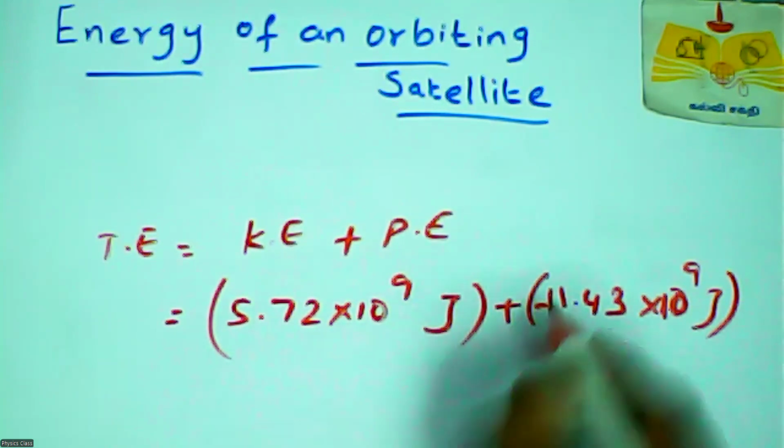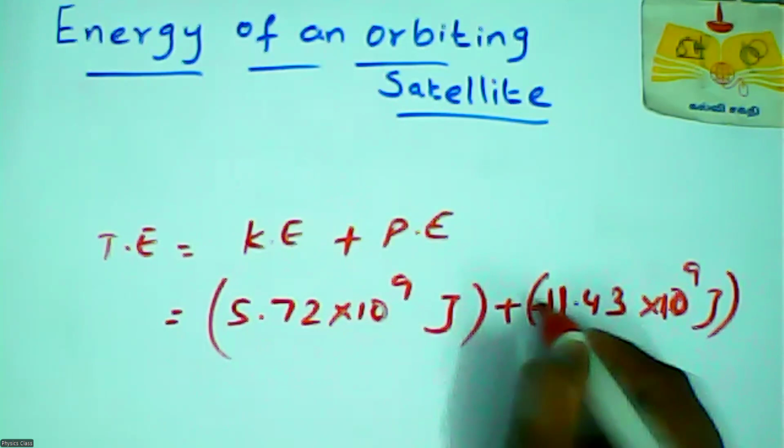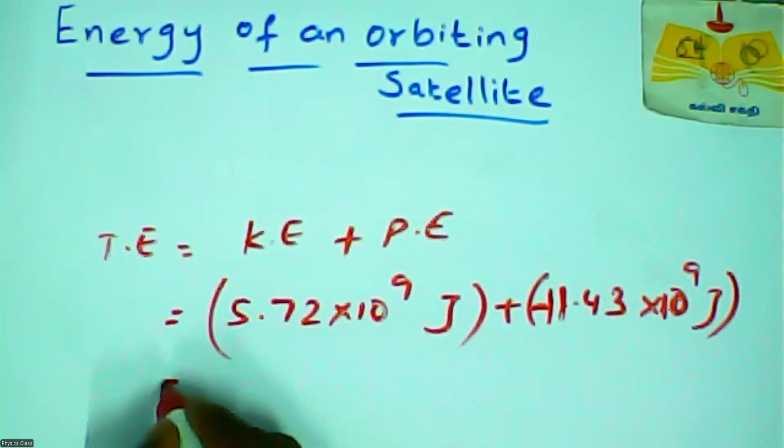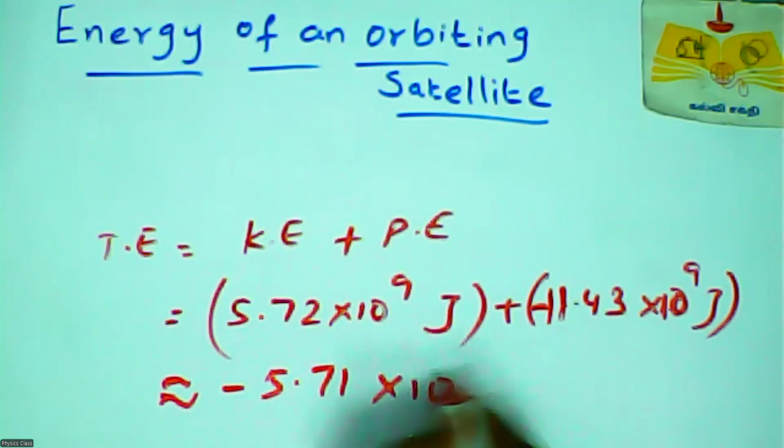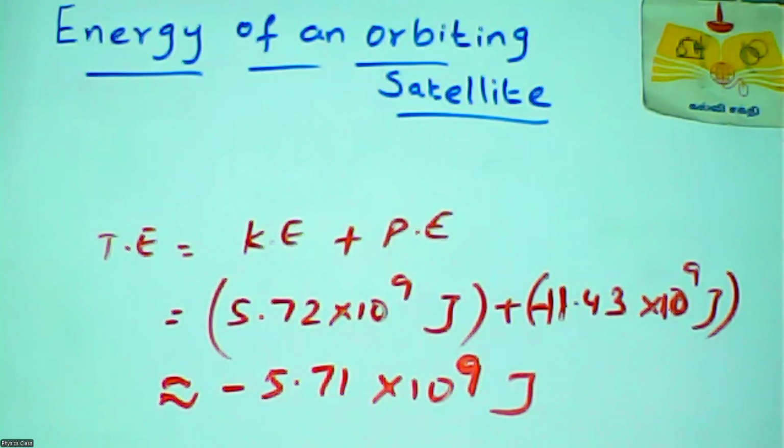So we will get approximately minus 5.71 into 10 power 9 joule. This is the total energy of the satellite in this case. Clear? Okay. Please note it down. We will move on to the next sum.